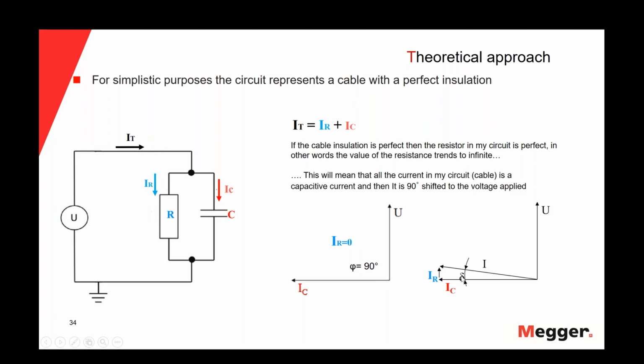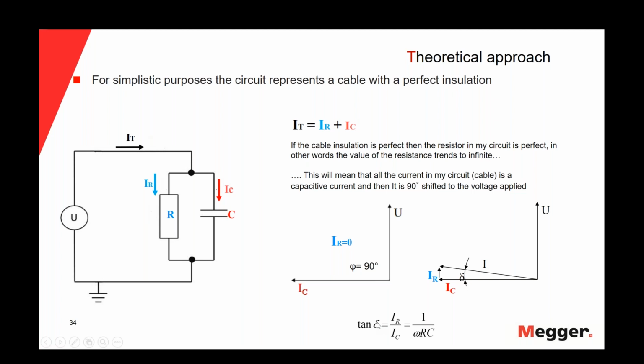So this is the delta angle, and the trigonometric function that correlates the resistive current and the capacitive one is the tan delta. Which means that if I have a very high tan delta, I have a very high resistive current, which means that I am losing insulation.